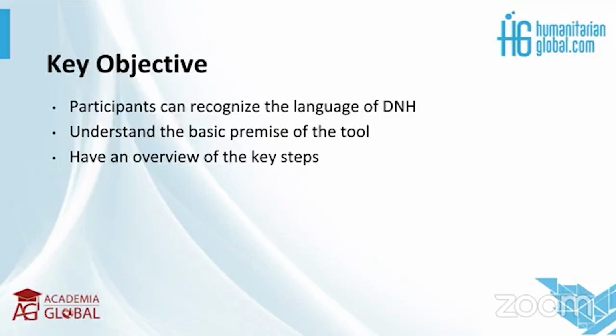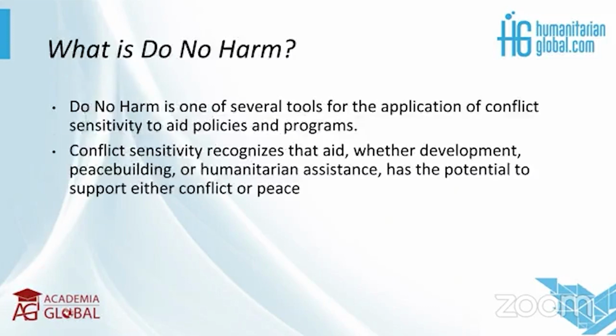So just to start us off, what is the do no harm framework? Like I've mentioned, this is one of the several tools for the application of conflict sensitivity to aid policies and programs. Most of the time you will hear organizations write in their proposals that our program is conflict sensitive.